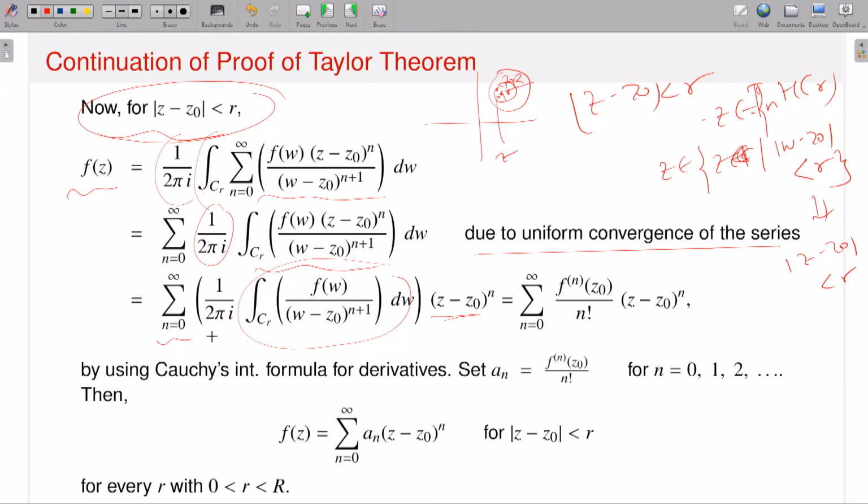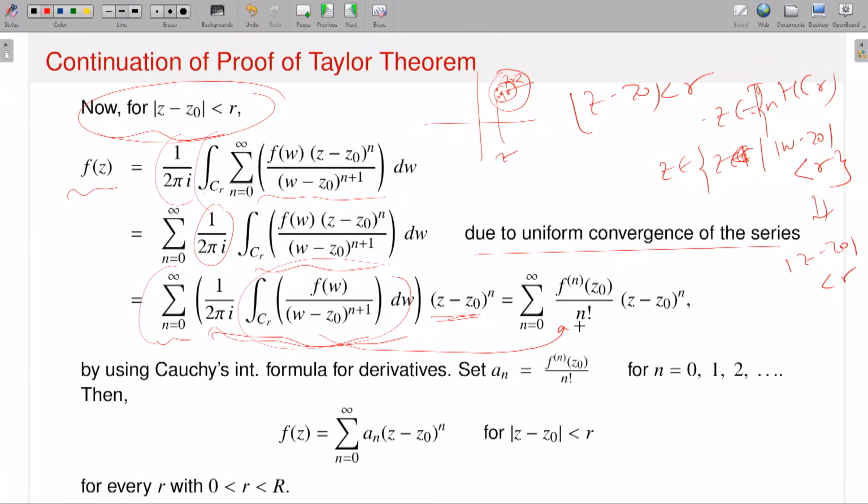So what will I have? I will have the sum, then this object, and then (Z minus Z0) to the power n. But what is that object? You can easily guess. Because my function is nice and the domain is nice, by Cauchy's integral formula for the nth derivative, this object is nothing but f^(n)(Z0) over n factorial. What is Cauchy's integral formula for the nth derivative?